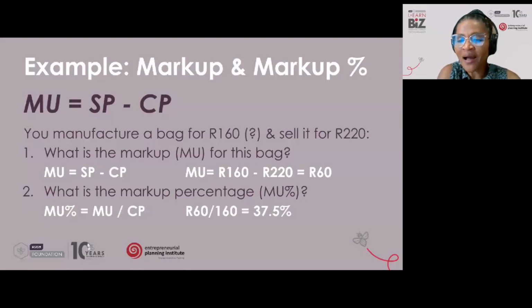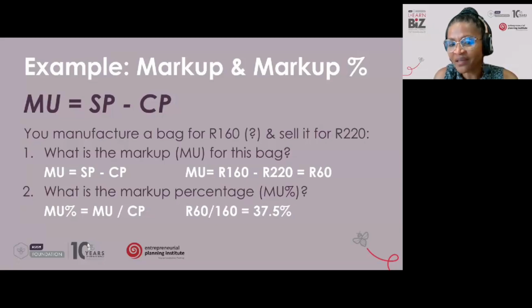You need to know your markup percentage to look at it and say, okay, if I'm sitting with 37% markup percentage, and I've covered all my costs, I've covered all my business expenses, this is exactly how it looks like. I want to go and compete using pricing now.